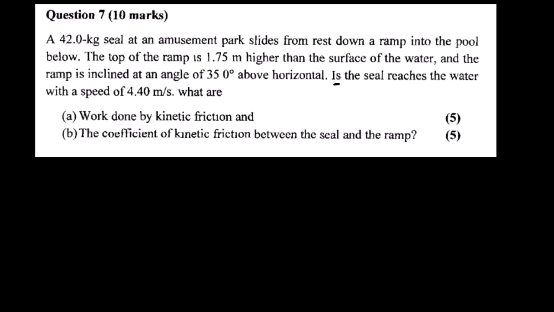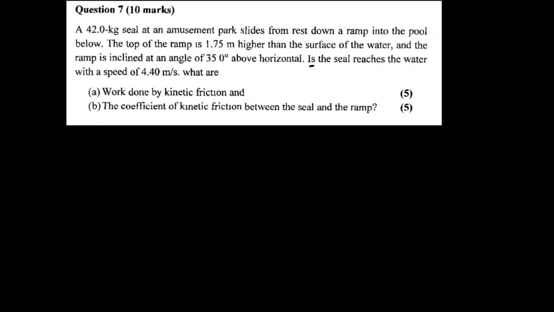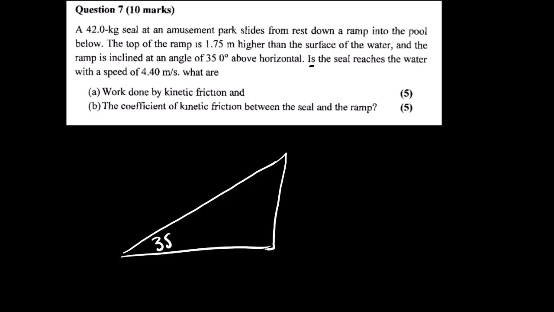Now, looking at the picture form of this question, remember, in order for us to solve questions, we need to at least construct a pictorial form of this scenario. So we have something like this. We take that this is our ramp, and the angle is 35.0 degrees, and then this will be the water.